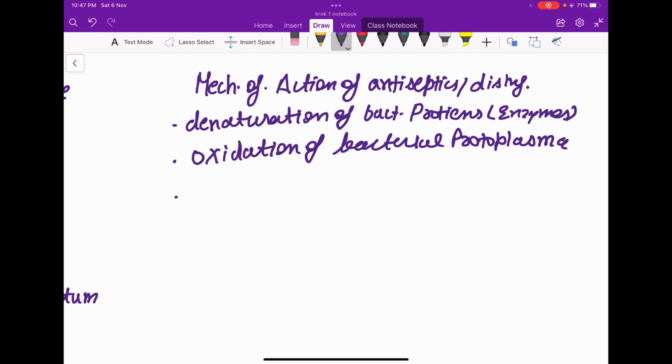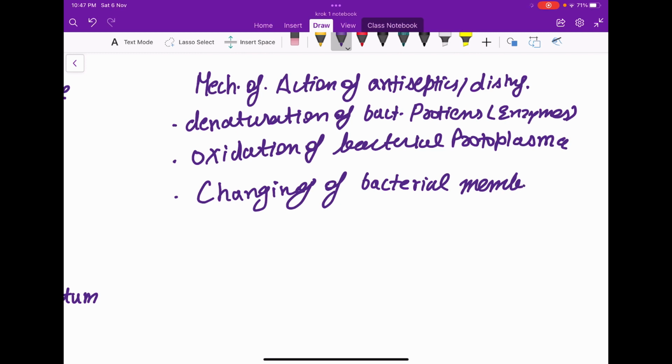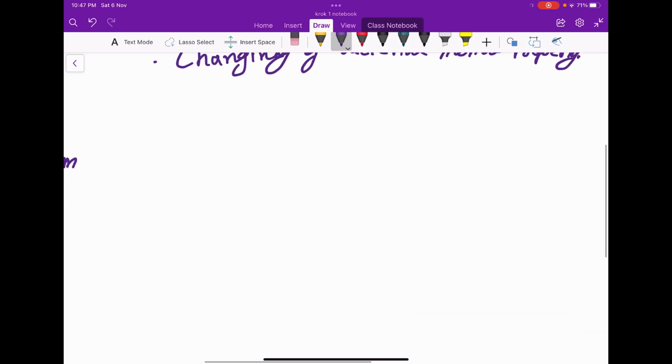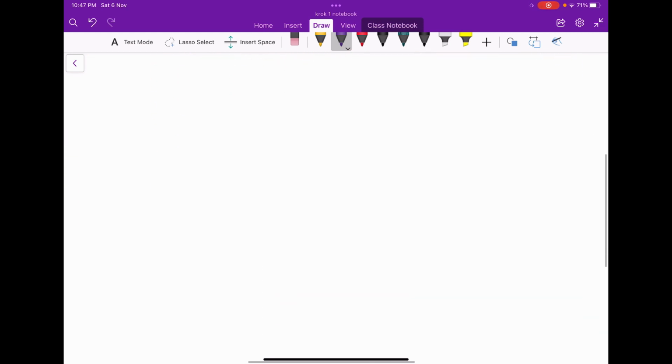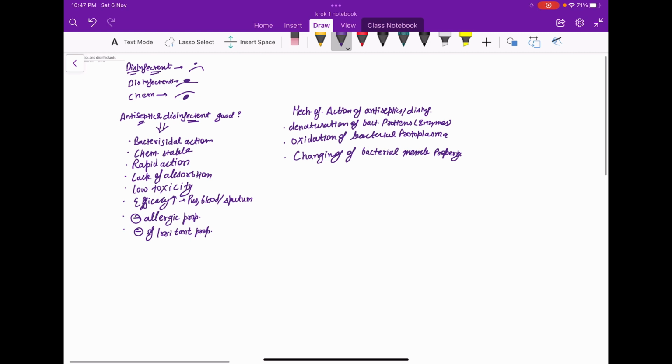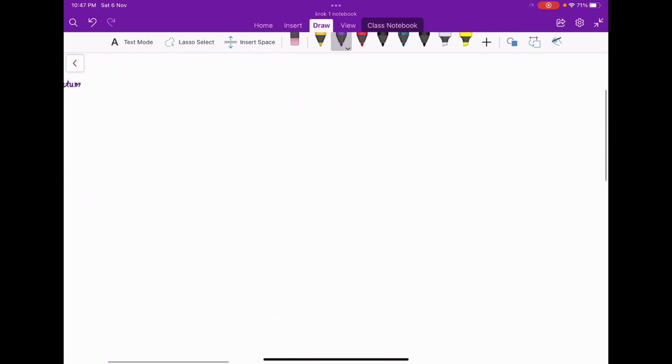That's the changing of bacterial membrane property. Okay guys, thereafter let's move towards the classification. So let's do the classification here.